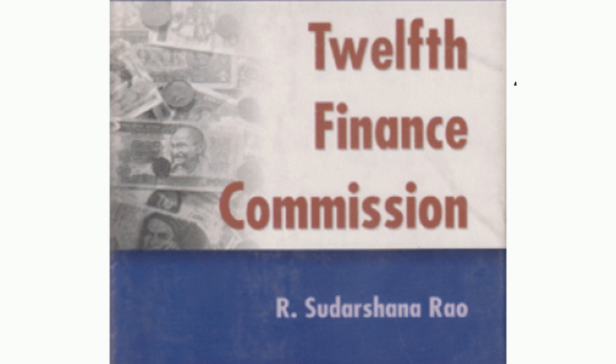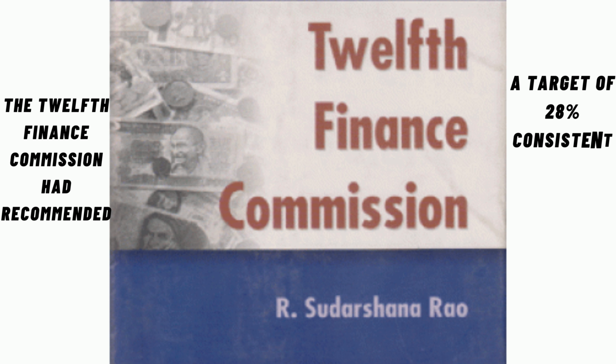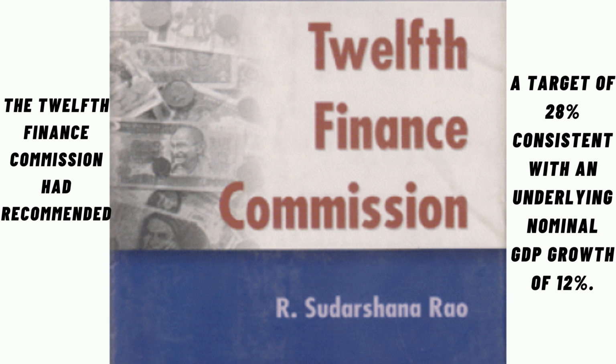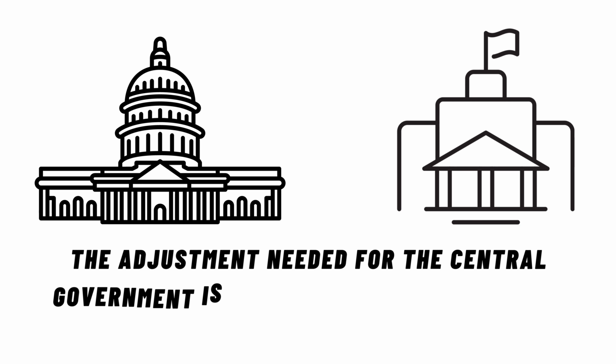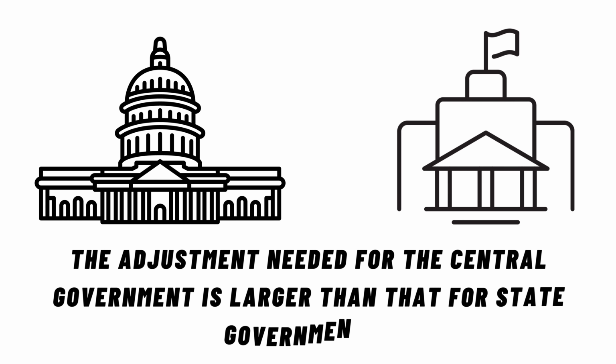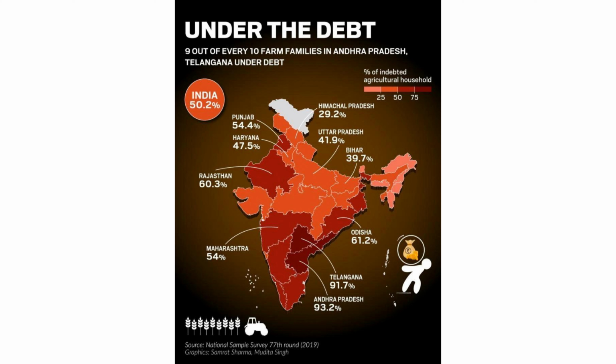Recommendations. The 12th Finance Commission had recommended a target of 28% consistent with an underlying nominal GDP growth of 12%. The adjustment needed for the central government is larger than that for state governments. A few state governments appear to have relatively larger debt and fiscal deficit numbers relative to their GSDPs.